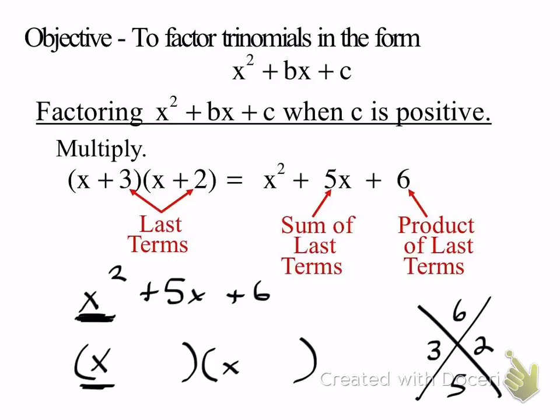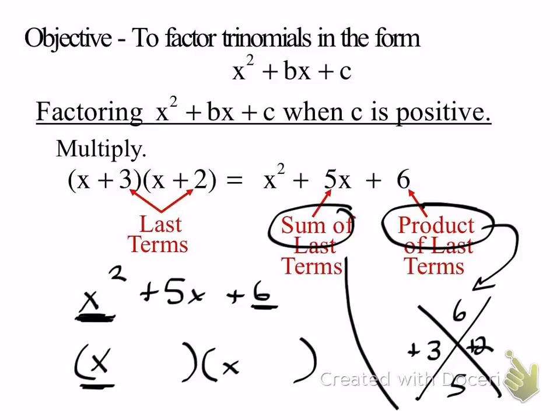And then, because these are both positive, remember we put the product up here, and the sum or difference goes down here? And you told me plus 3 and plus 2, and there it is factored. Positive 3 and positive 2 multiply to 6 but add to 5.